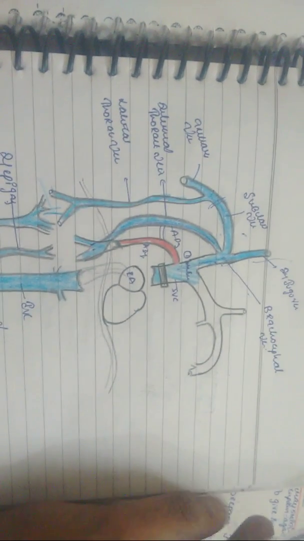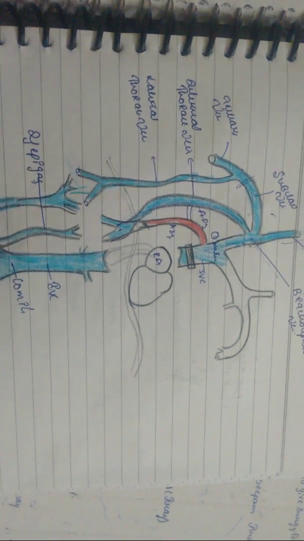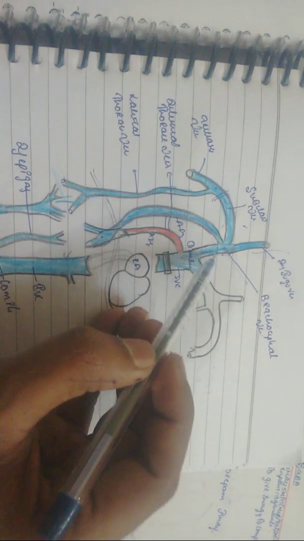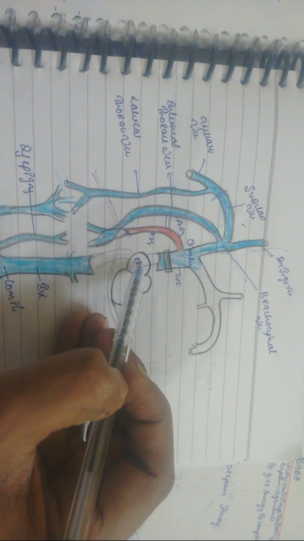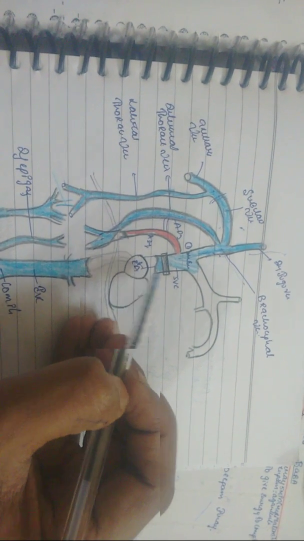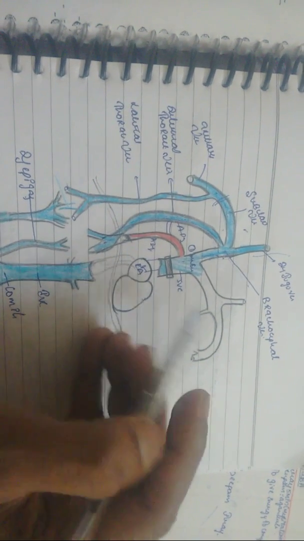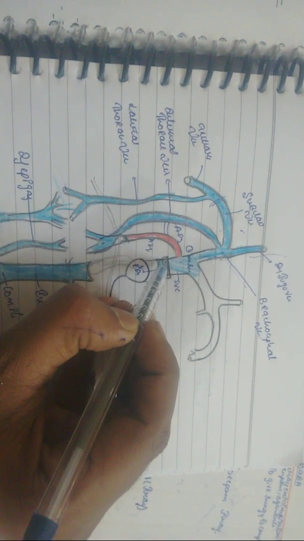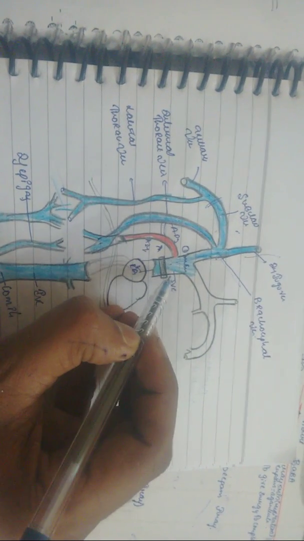The next thing is we are going to deal with the concepts here. The first concept is the basic concept: the brachiocephalic vein drains into the superior vena cava, and the superior vena cava opens into the right atrium. The deoxygenated blood goes into the right atrium. But suppose there is an obstruction, either below or above the azygos vein, which drains into this superior vena cava.